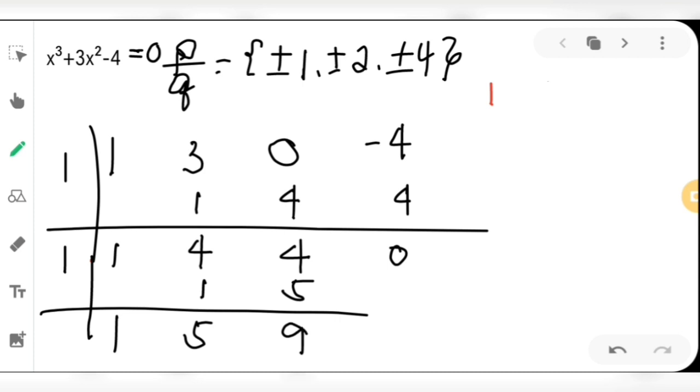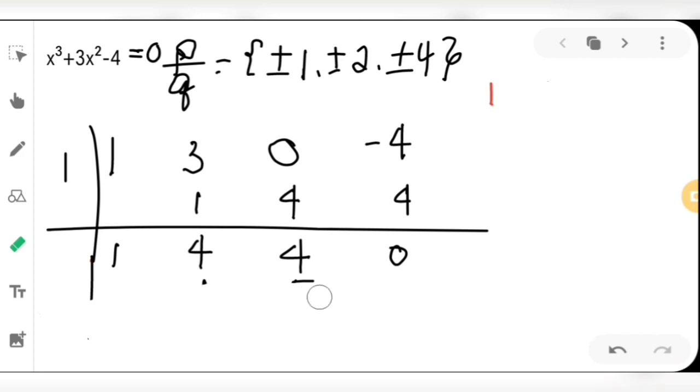So in our second try, we didn't get a remainder of 0. That means 1 has only a multiplicity of 1. When we say multiplicity, that is how many times the number appears as a root of the polynomial equation.